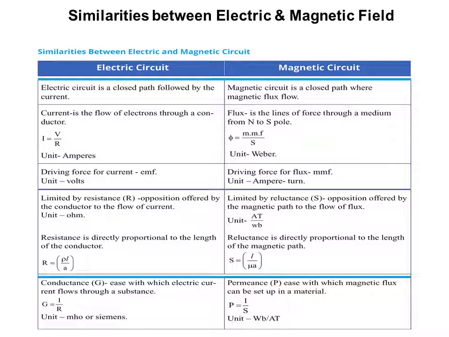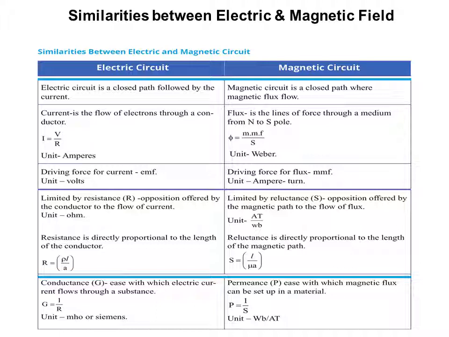Driving force for current is EMF and unit is volts. Driving force for flux is mmf and unit is ampere turns, that is NI. Opposition offered by the conductor to the flow of current is called resistance. Its unit is ohms and the formula is rho L by A. Whereas opposition given by the magnetic path to flux is called reluctance.